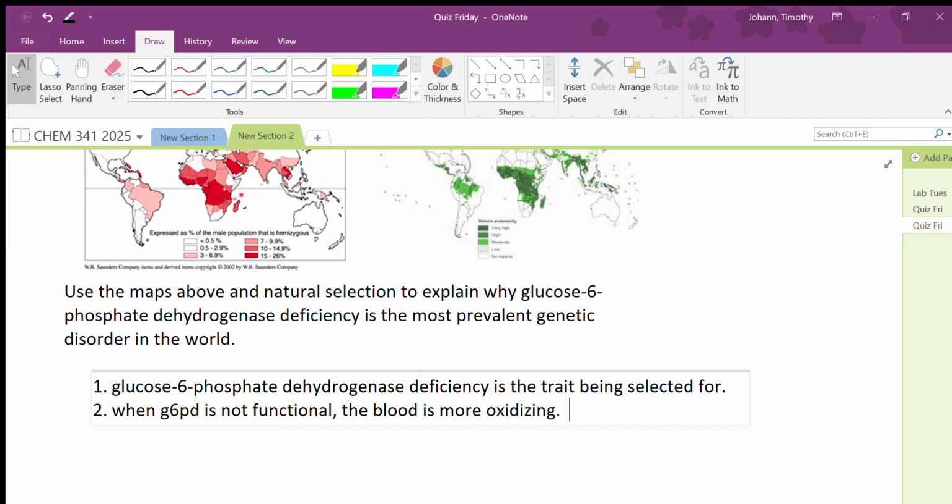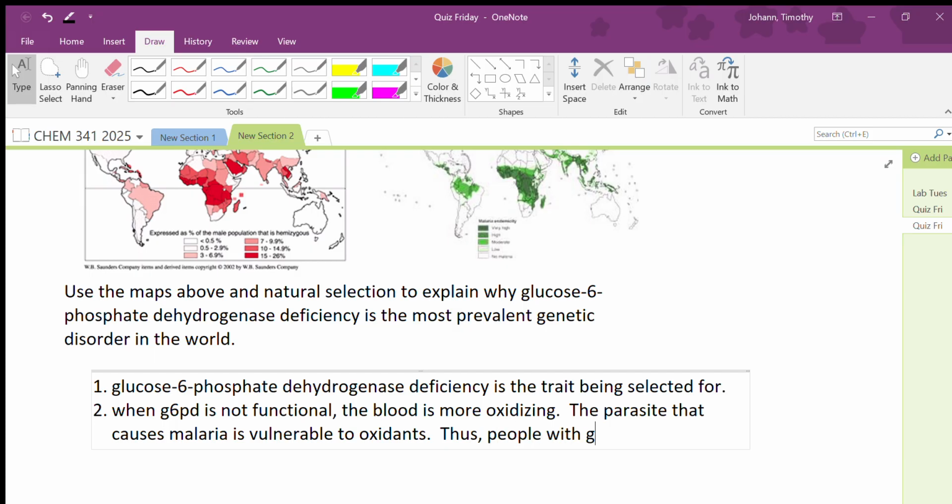Okay, the parasite that causes malaria is actually vulnerable to oxidants. So people with glucose 6-phosphate dehydrogenase deficiency are less likely to get malaria, or possibly they just get a less severe case.